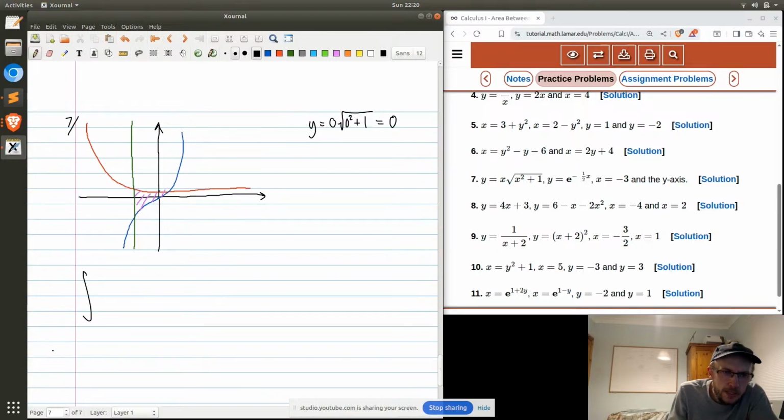From -3 up to the point of intersection of these two, whatever that happens to be.